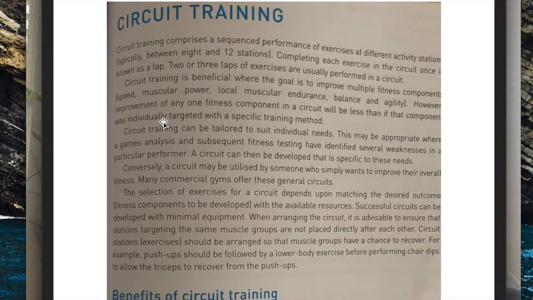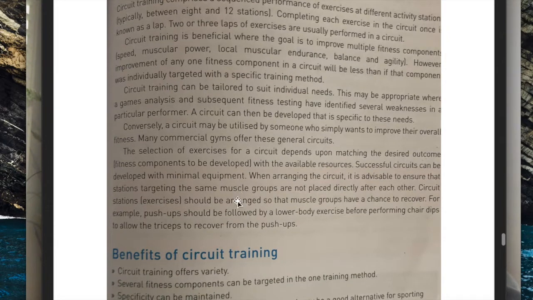This needs to be individually targeted for the athlete, but a lot of circuits are designed for general improvement in all fitness components and general fitness for individuals. So that's why we'll see at many gyms circuit-based training being quite popular.